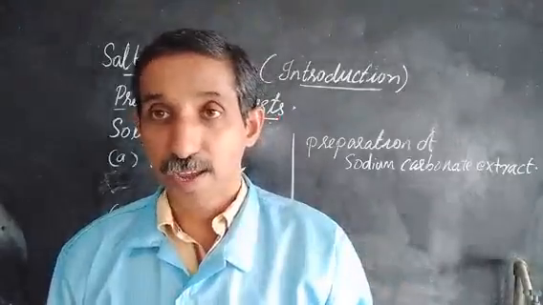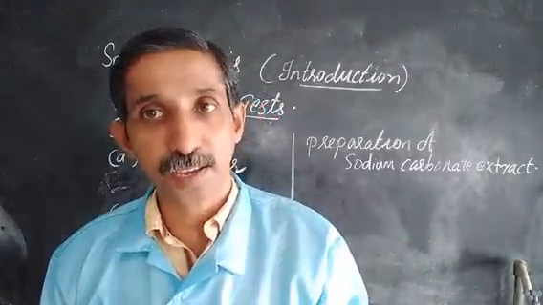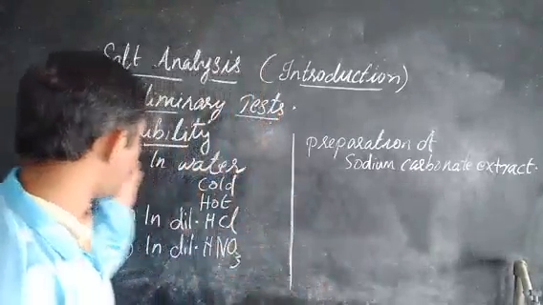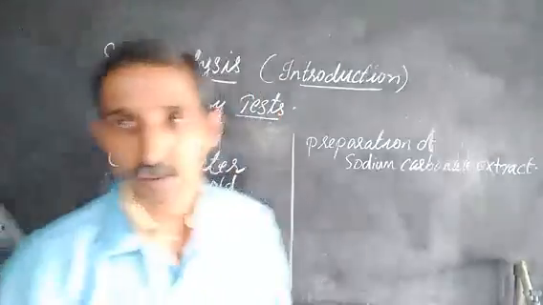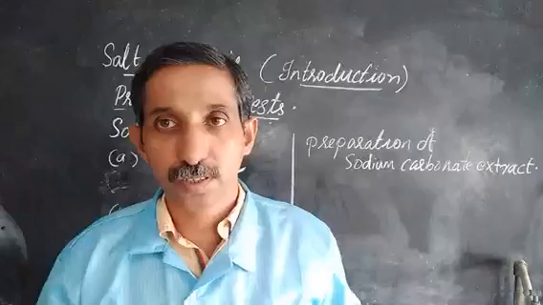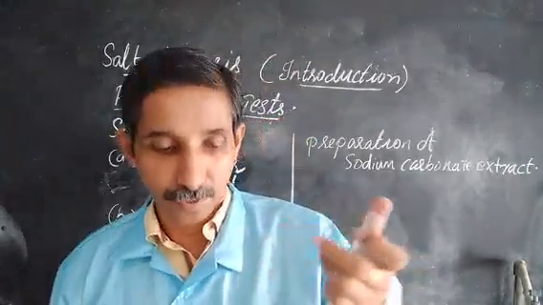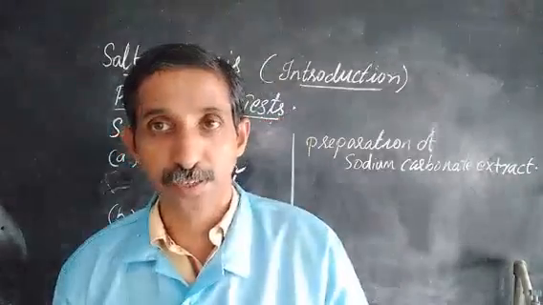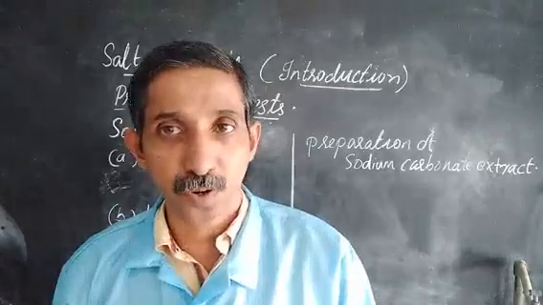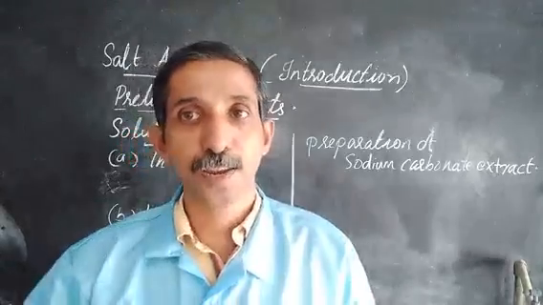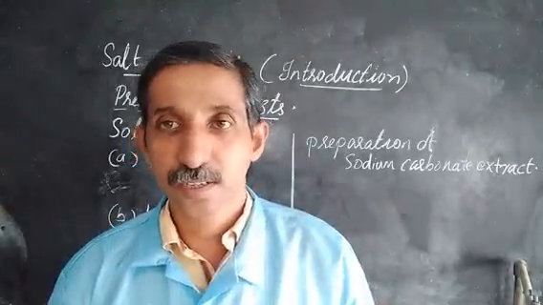As the salt was soluble in water, we don't have to proceed for any of the other preliminary solubility tests. So it was a water soluble salt. Later, when you prepare the original solution, in whichever solvent the salt is soluble, you prepare a little bit excess of that, and that is regarded as the original solution.